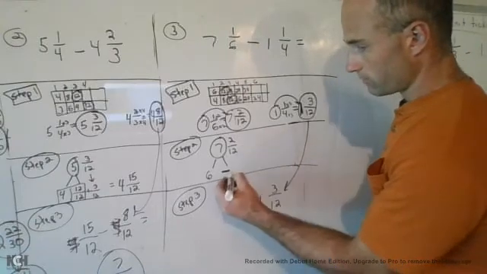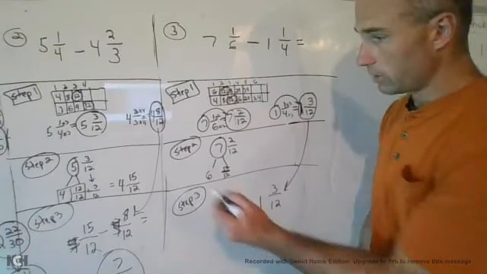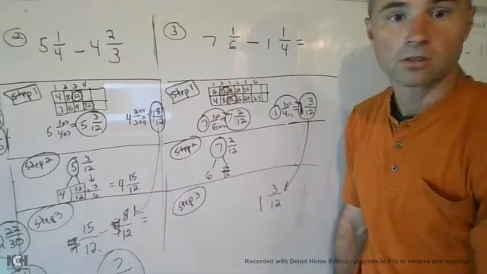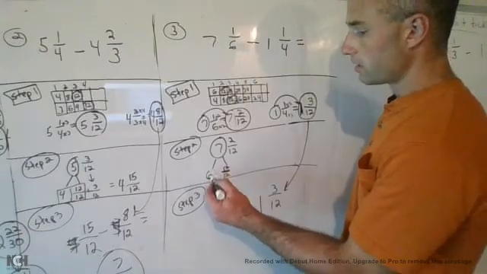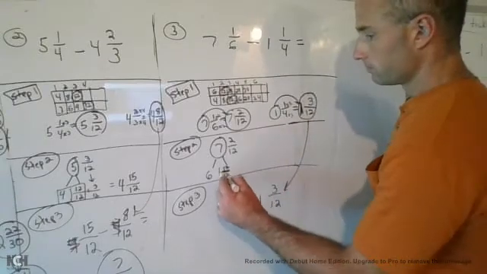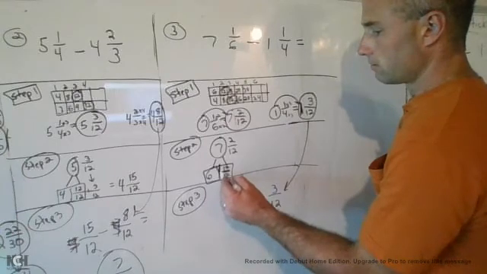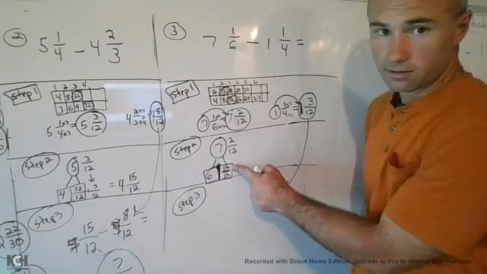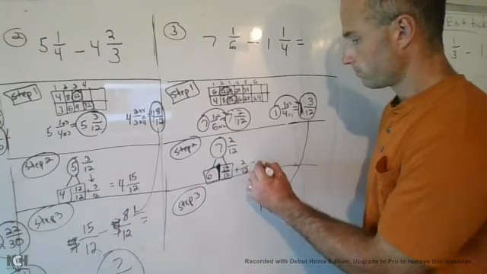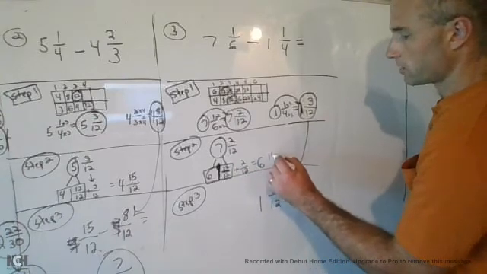So my denominator is 12, so I'm going to use that. 12/12, right? Like we did over here. Just so happened the same denominator, 12. So 6 plus 12/12 equals 7 because 12/12 is 1. Now I can go ahead and add this 12/12 to 2/12. Keep my whole number of 6. 12 plus 2 equals 14.